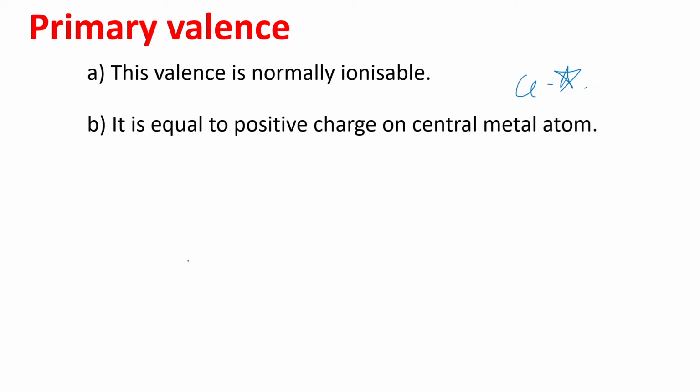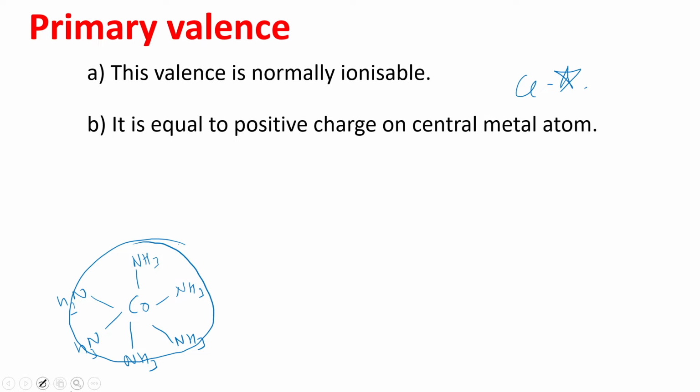As you saw in the complex cobalt hexa ammonia trichloride. So in this complex, if you consider, this is the inner coordination sphere I draw with a blue pen. And with the red pen, I'm drawing three chloride ions.